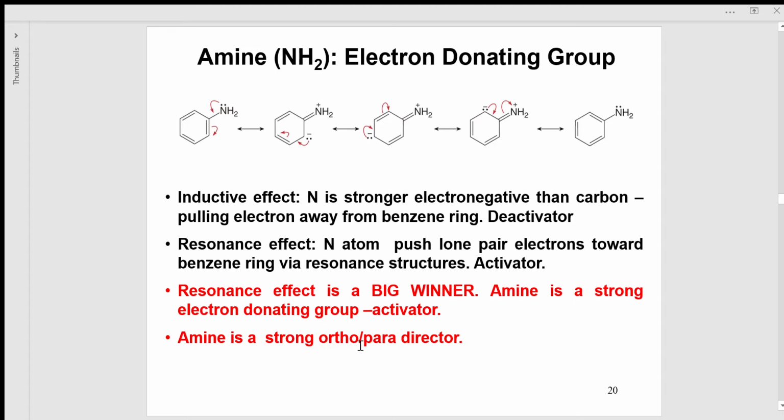It is a very strong ortho para director, although the inductive effect of this nitrogen slightly pulls the electrons away from the benzene ring. So remember, amine has two contradicting effects, but the overall effect is that amine is a very strong electron donating group. And amine is also a very strong ortho para director in electrophilic substitution reactions.